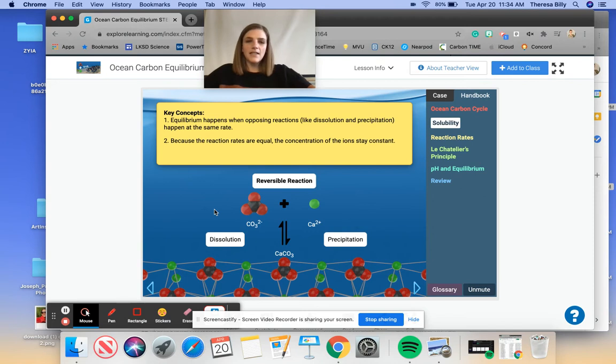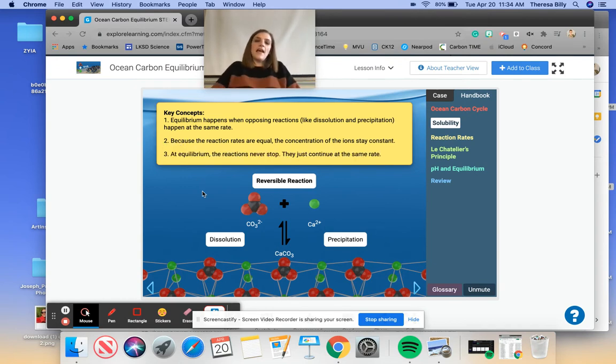The next key concept: because the reaction rates are equal, the concentration of the ions stays constant. This is a little bit tricky to wrap your brain around. Because the rate of dissolution is the same as the rate of precipitation, the amount of calcium and carbonate ions floating around in the solution is going to be the same. All right.